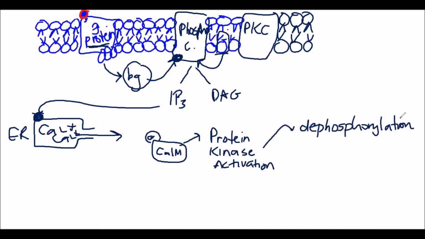So again, it causes dephosphorylation, and instead of closing channels, it's going to end up opening channels. So if you remember, we had closing of potassium channels in the alpha subunit, but in the beta gamma complex, we're going to have opening of potassium channels. And that's going to cause hyperpolarization, right? So we have hyperpolarization happening.